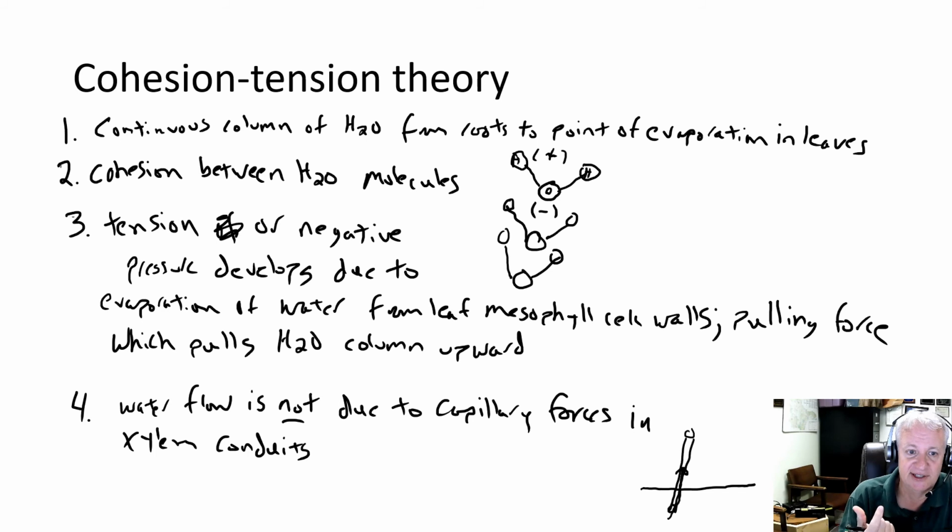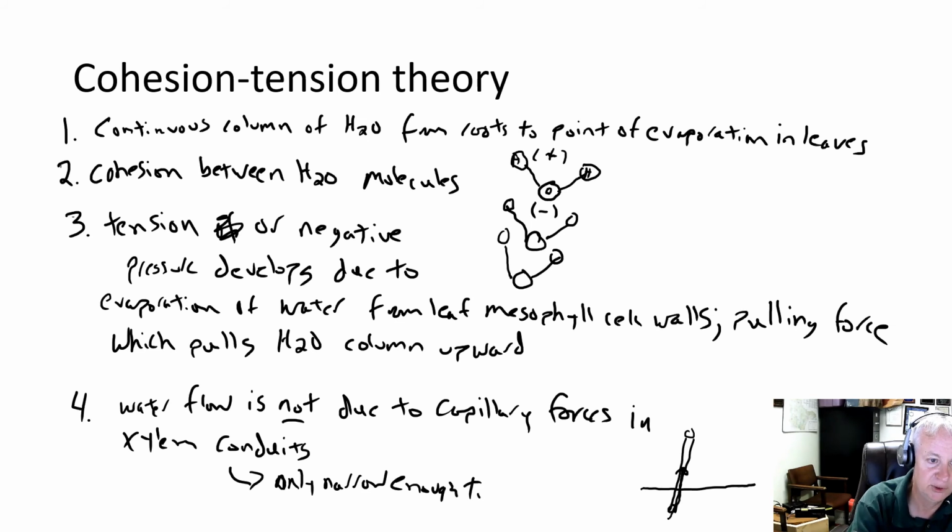Capillary forces are a function of the narrowness of the container. So the more narrow the container, the stronger that pulling force due to capillary forces. But xylem conduits are only narrow enough to pull water upward about a meter.